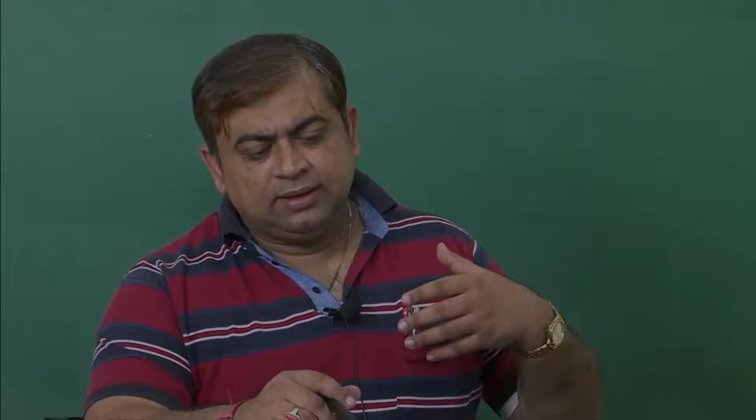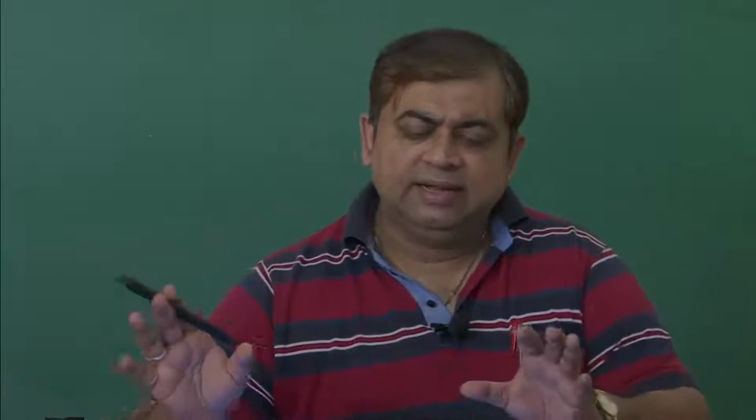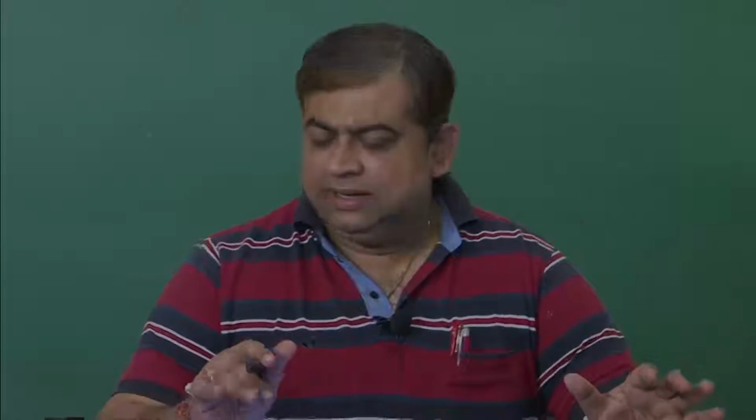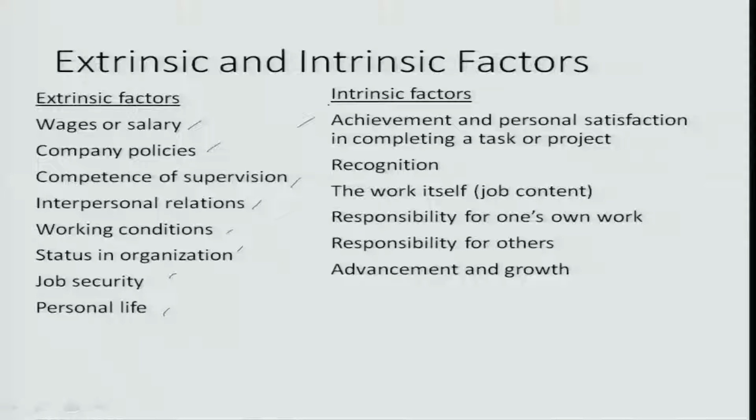So, you can see how intrinsic and extrinsic factors can be addressed by providing some help, etc., so that there can be proper motivation in a particular job. There can be intrinsic factors like achievements or personal satisfaction in completing a task or project. There can be recognition.